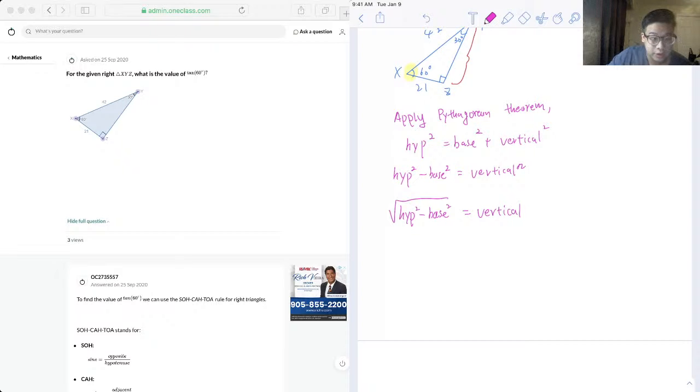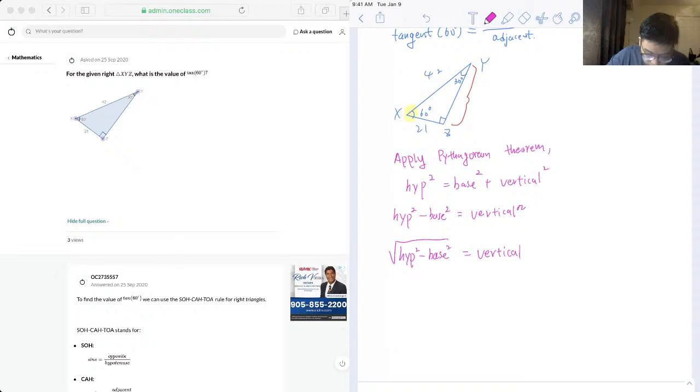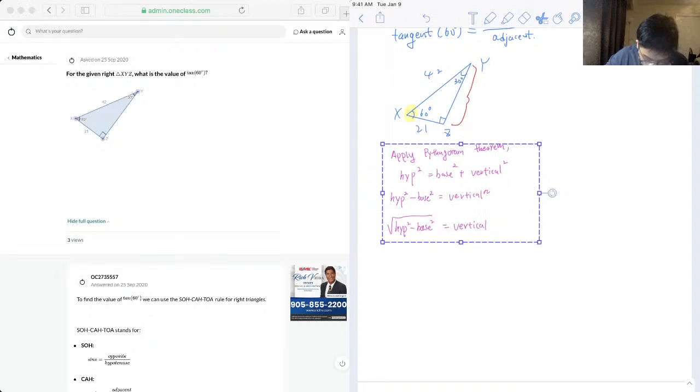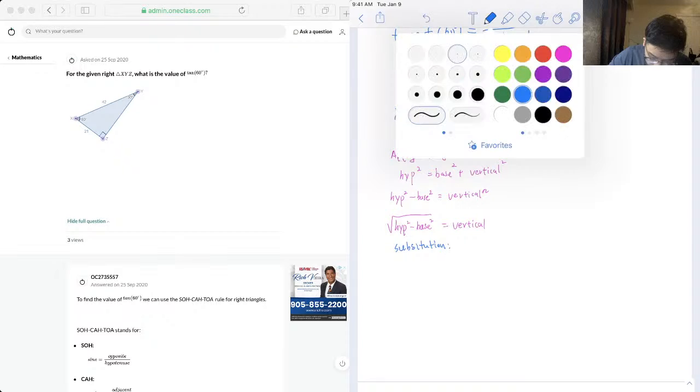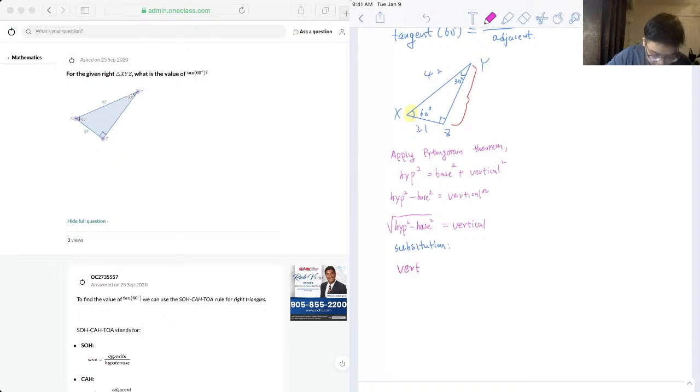And now we just need to substitute in our known values. Substitution. So vertical will be equal to root, we have 42 as our hypotenuse squared minus 21 as our base squared.